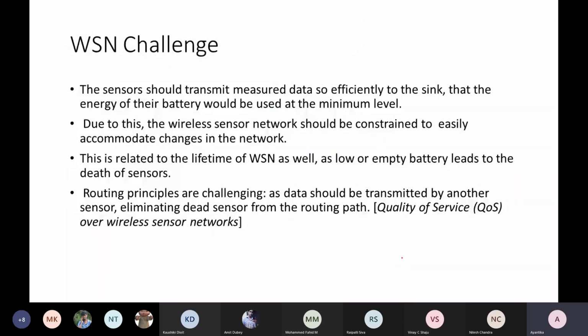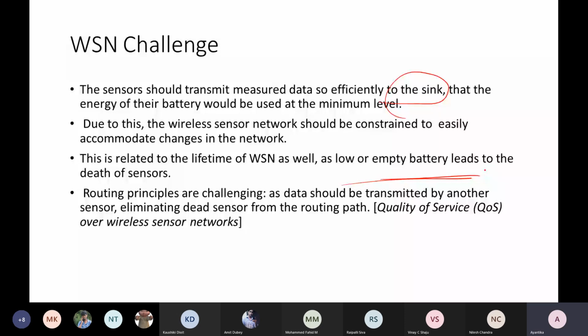Moreover, when we talk about the wireless sensor network challenge, the sensors always transmit their measured data to some sink node, maybe their centralized node. The lifetime of the wireless sensor network is also related to the power of each and every node, because low or empty batteries in a node affect the data from the sensors.